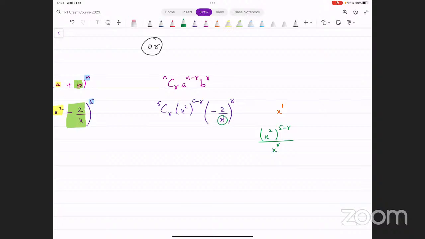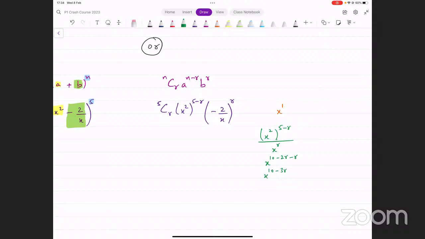That's coming from this. Okay, we're ignoring everything else. We don't need anything else for now. We're just looking for the value of r first of all. Simplify this. This gives us x raised to power 10 minus 2r in the numerator. And then from the denominator, you have another minus r. And this gives you x raised to power 10 minus 3r.